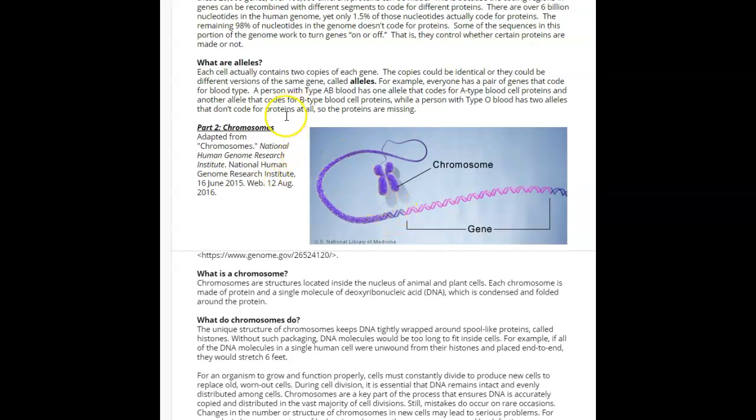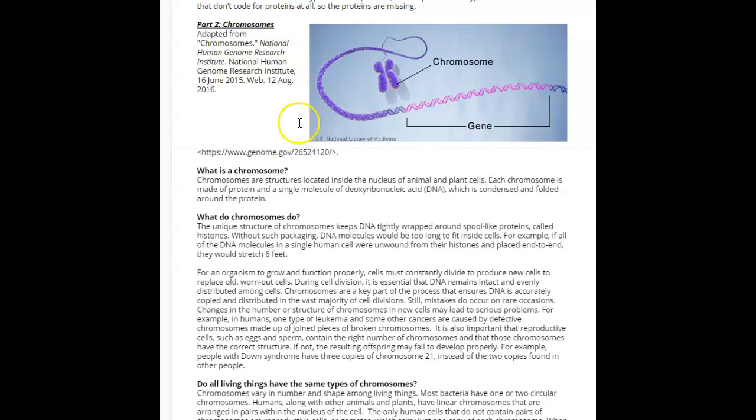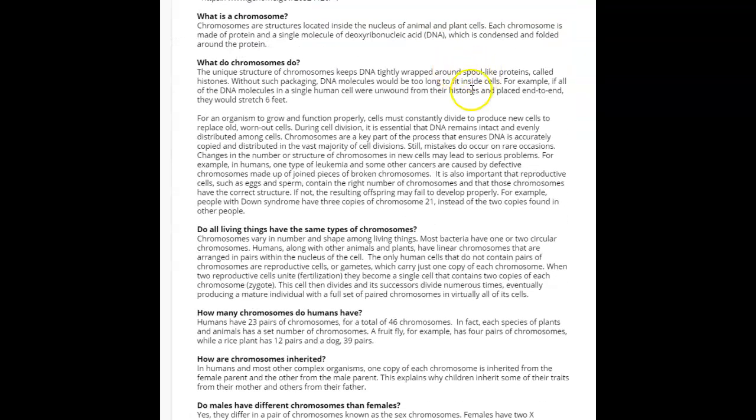Okay, part 2, chromosomes. So what is a chromosome? Chromosomes are structures located inside the nucleus of animal and plant cells. Each chromosome is made of protein and a single molecule of deoxyribonucleic acid, DNA, which is condensed and folded around a protein.